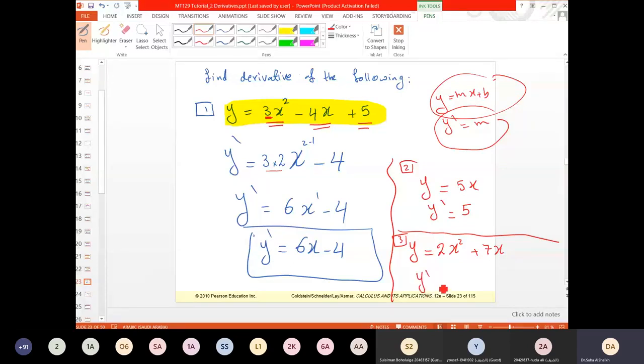What's y dash in that case? The 2 goes down, so this will be 4x, and the derivative of 7x is 7. So this will be the derivative here: 4x plus 7. Yeah? You have to practice doing more derivatives, okay? It should go very smooth with you.